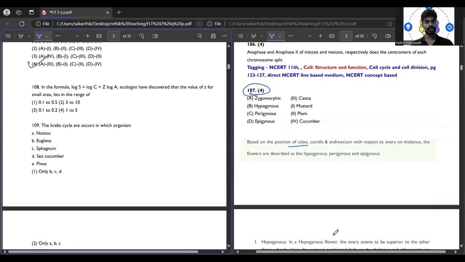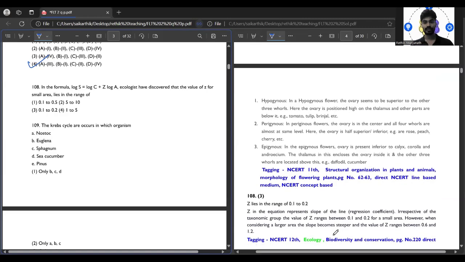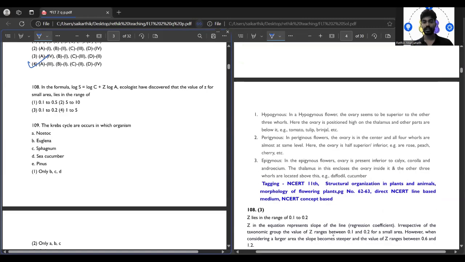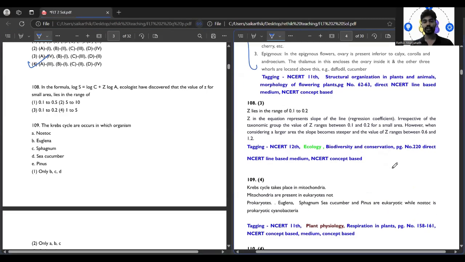So next question is, here they have already given you the formula. In the given formula, we need to know that ecologists have discovered that the value of Z for smaller areas lies in a range of, it is again a direct question from the textbook, that is 0.1 to 0.2.